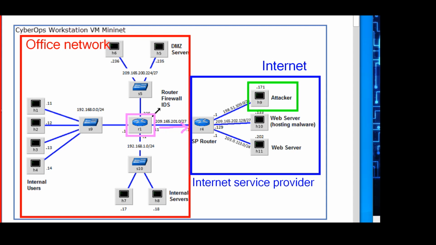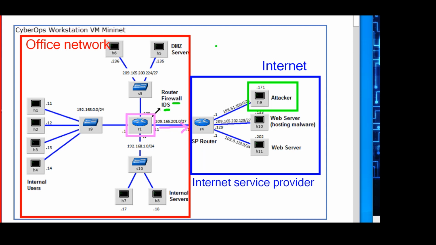This hacker is on the internet, then the hacker will try to penetrate your company network on the left through the ISP router and the router in the company. In order for the office network to prevent the attack from the hacker, the border router R1 will have to install firewall and intrusion detection system to try to detect the hacker before the hacker can do anything funny.